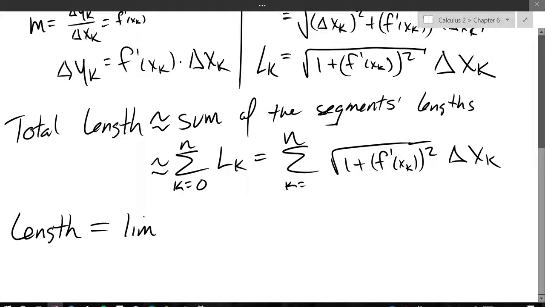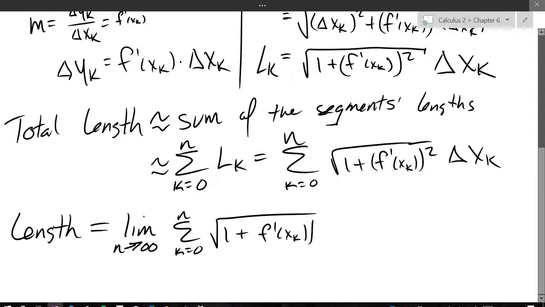I want n pieces, or an infinite number of pieces. So I want limit as n goes to infinity of the summation k equals 0 to n, square root of 1 plus f prime xk squared delta xk.